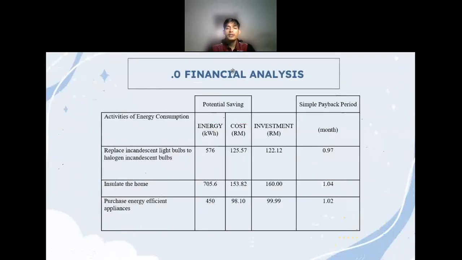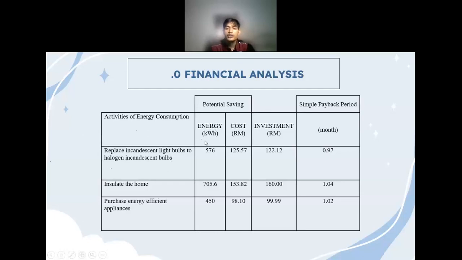The next one is financial analysis. First one is activity of energy consumption, potential saving, and simple payback period. The first one is replace incandescent light bulb to halogen incandescent bulb.